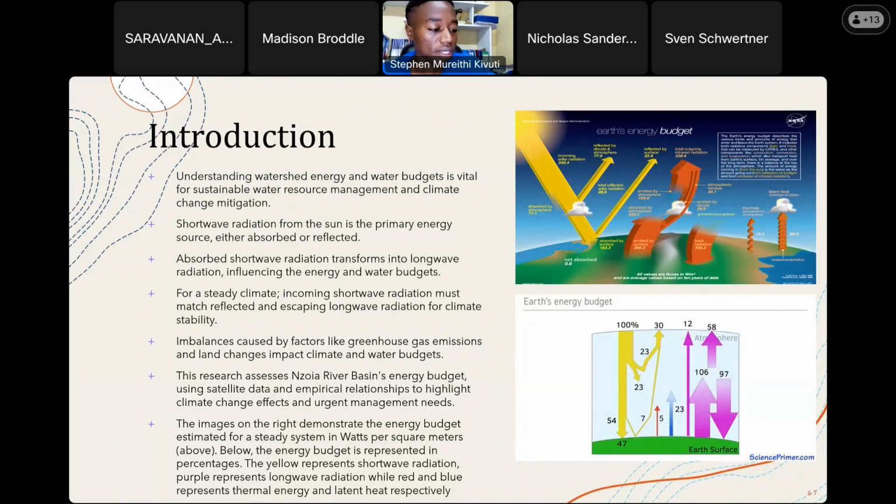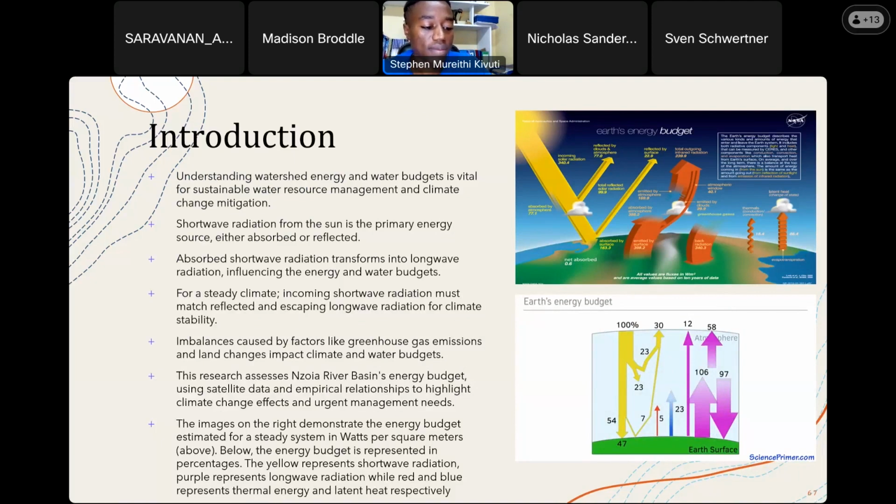Okay, so this slide basically says that for a stable energy budget, the figures on the right are the approximate percentages. If you look below and above, those are values.